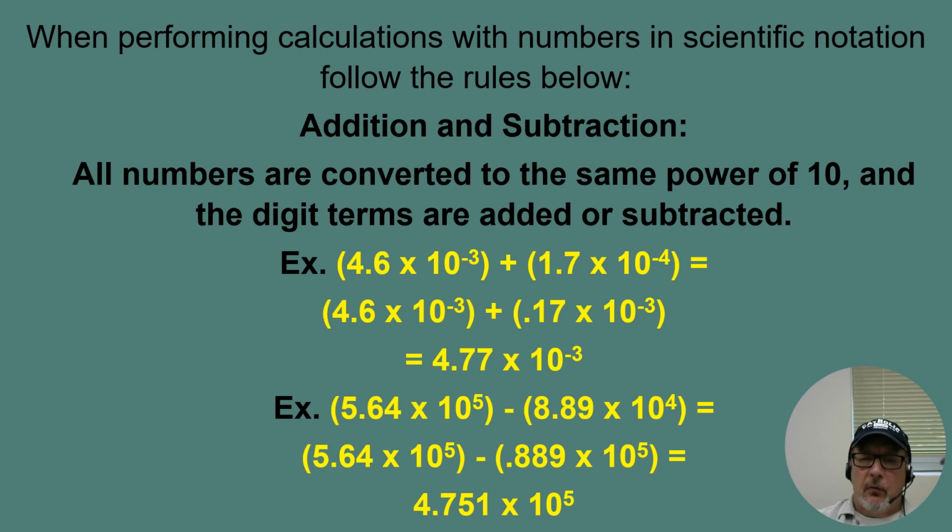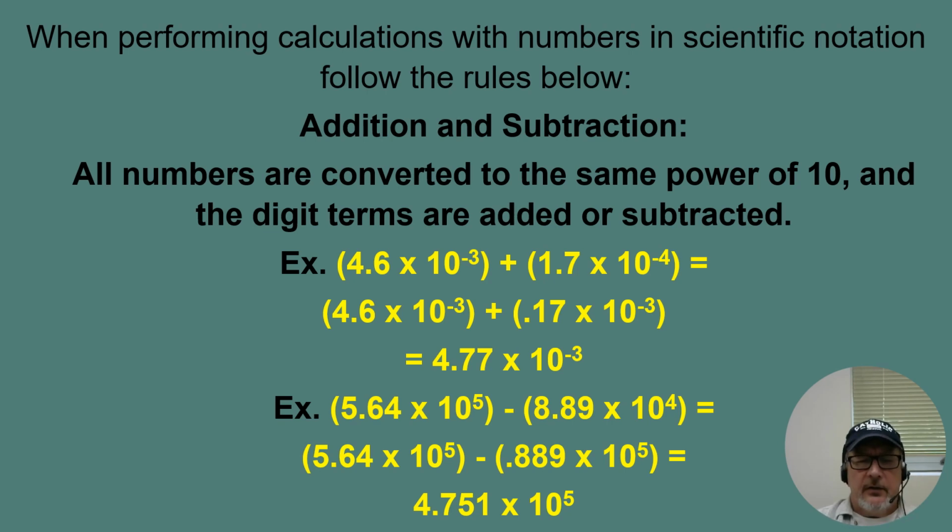That leaves us with 4.6 times 10 to the negative 3 plus 0.17 times 10 to the negative 3. We add the two coefficients together, 4.6 and 0.17, to get 4.77 times 10 to the negative 3.